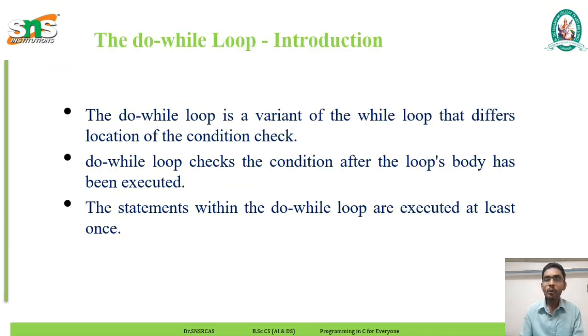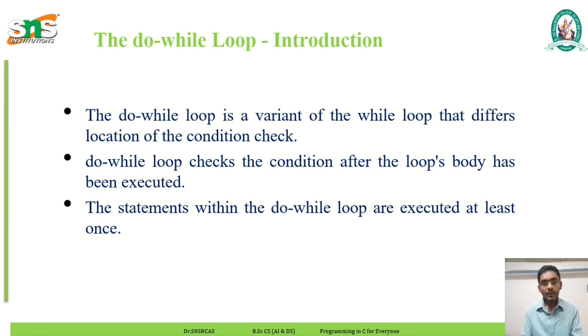Here is a brief about do while loop. The do while loop is a variant of while loop that differs primarily in the location of the condition in your program. As we discussed earlier, while loop has its condition part at the beginning of the line itself, whereas do while loop checks the condition at the bottom of the loop.